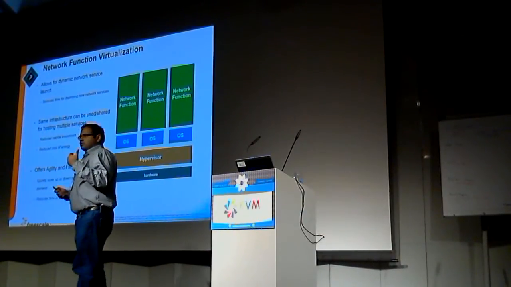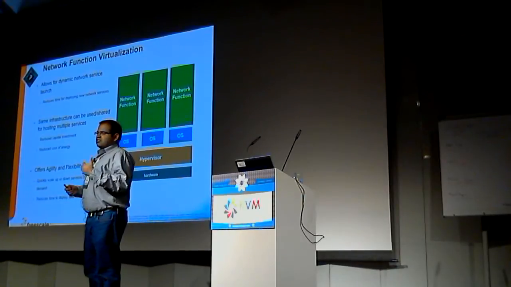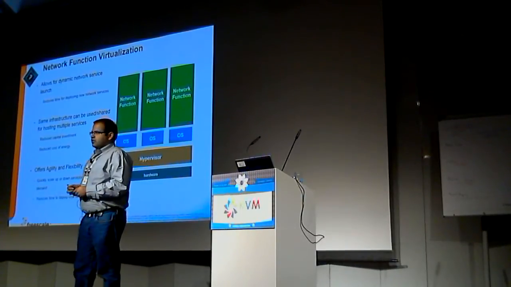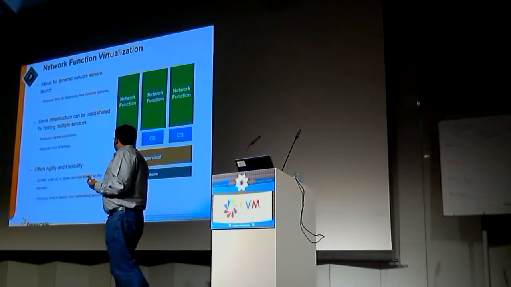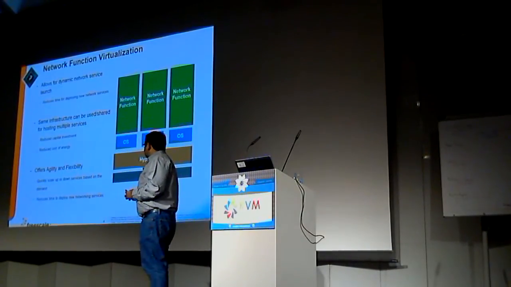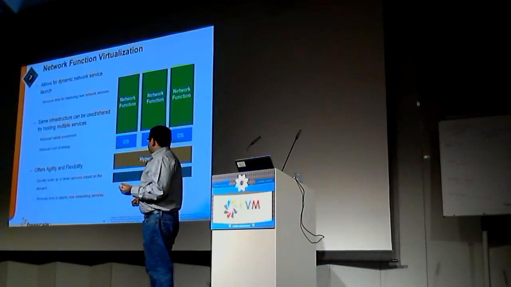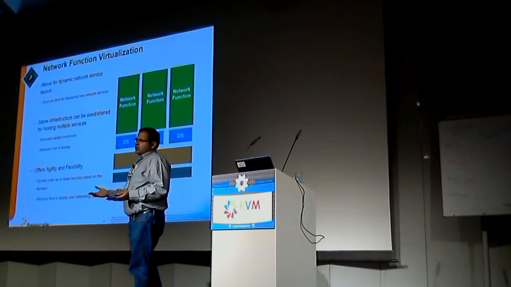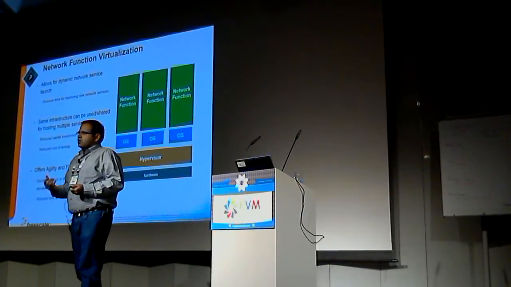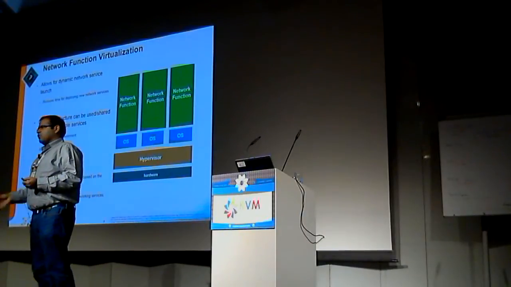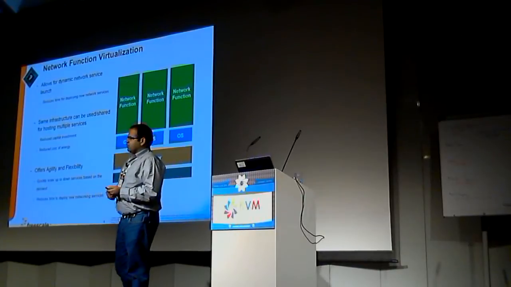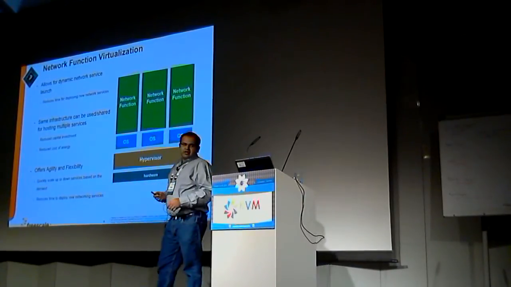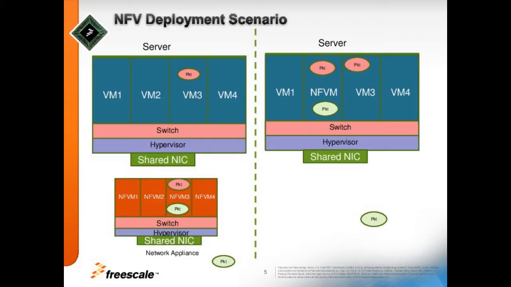With this, you can use the existing hardware to spawn the new functionality, and all these network functions are managed by the hypervisor. This also offers agility and flexibility based on the load you have to handle, based on the number of customers you have. You can scale up and scale down, spawn new services, or get rid of old services. Those are the benefits you get out of network function virtualization.